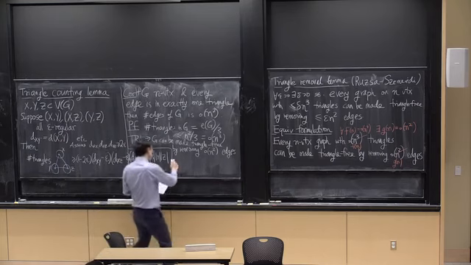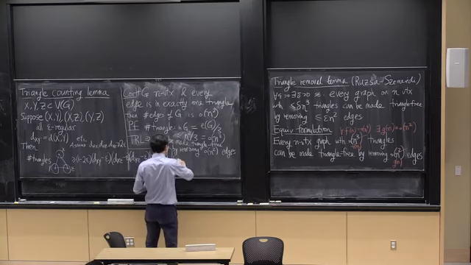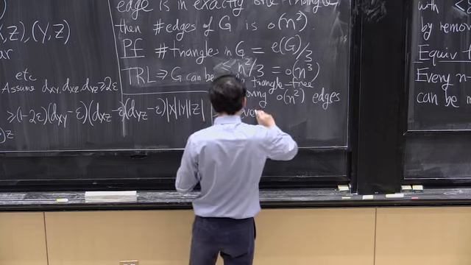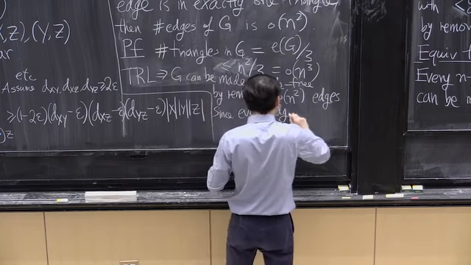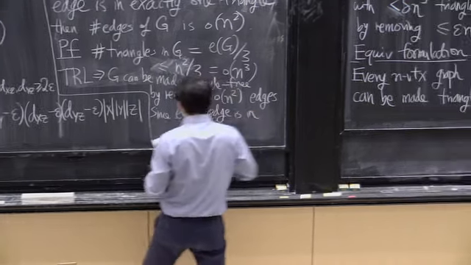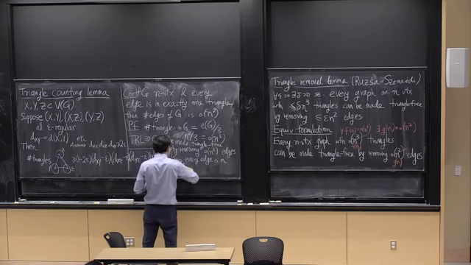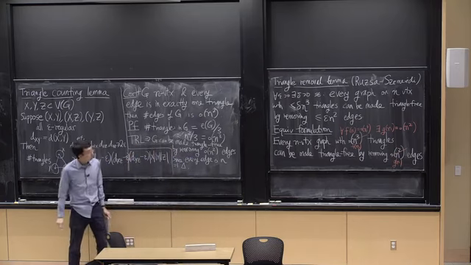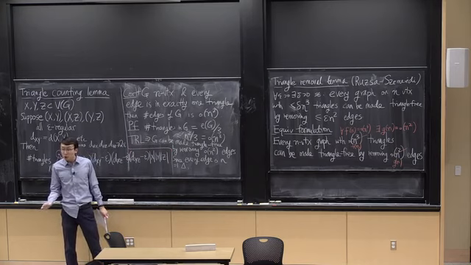On the other hand, since every edge is in exactly one triangle, how many edges do you need to remove to get rid of all the triangles?